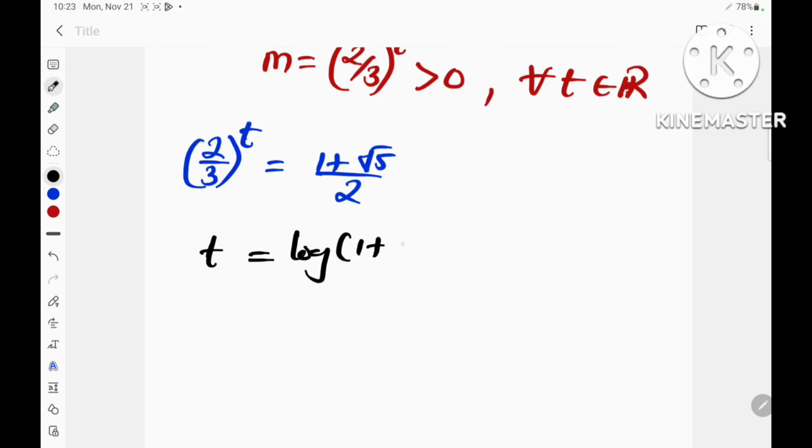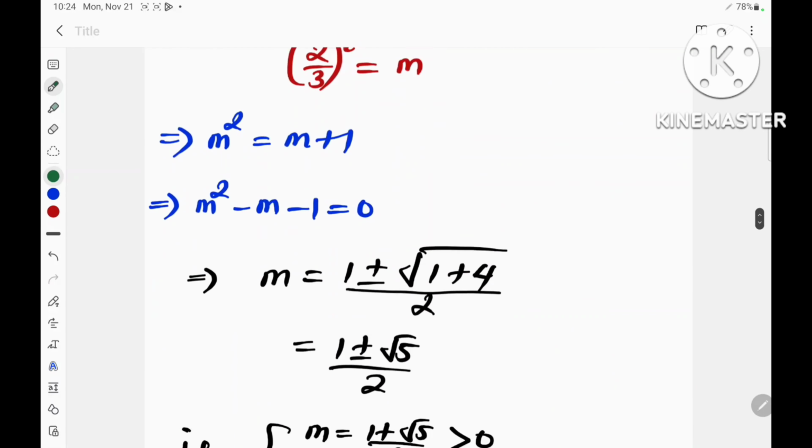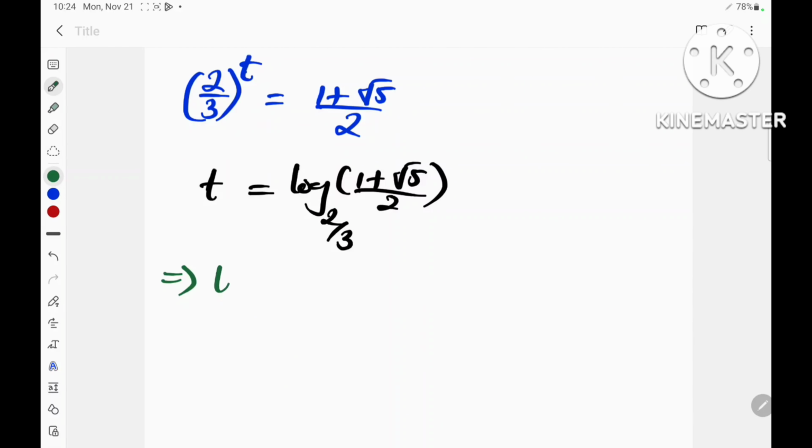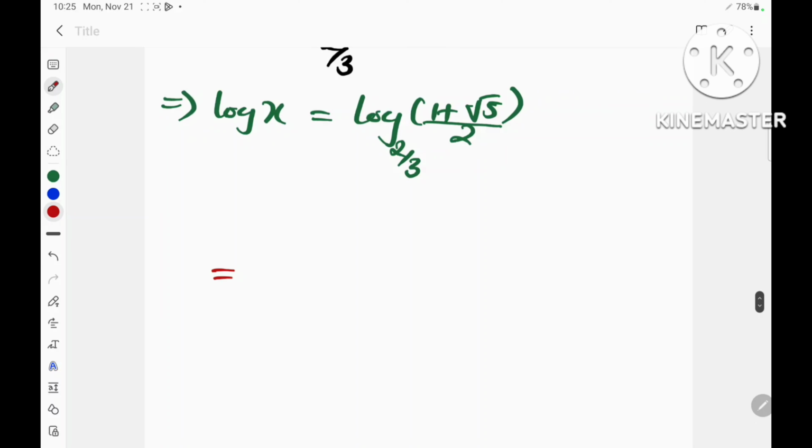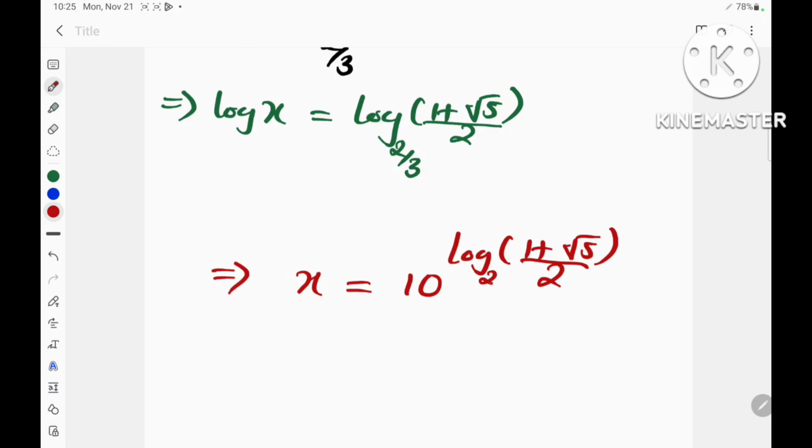And again, we know that the logarithm of x is equal to t. So this implies that the logarithm of x is equal to the logarithm of 1 plus root 5 divided by 2 to the base 2 on 3. And this implies that x is equal to 10 raised to the power the log of 1 plus root 5 divided by 2 to the base 2 on 3.